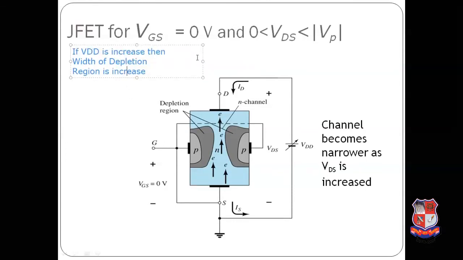If VDD is increased, then width of depletion region is increased. So drain current is less flow in the circuit. So it is known as VGS equal to 0, so maximum current can flow. So if depletion region is increased, drain current decreases in the circuit.